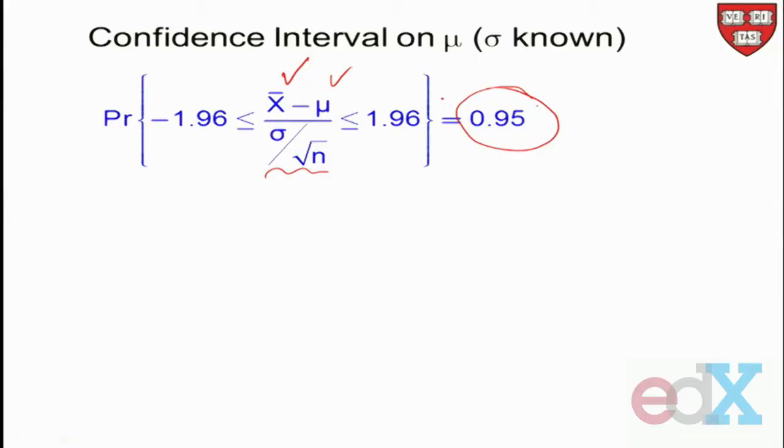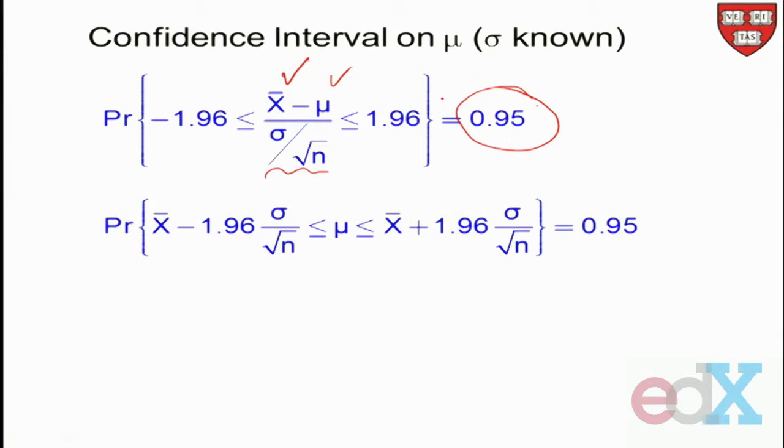Let's multiply, so sigma is positive, square root of n is positive, so let's multiply through by sigma over the square root of n, and then subtract x bar from both sides, and then multiply everything by minus 1, reverse the inequalities, and there you have it. Just a little bit of algebra.